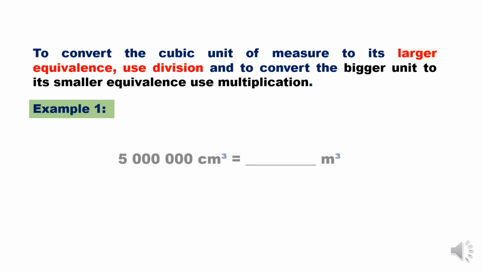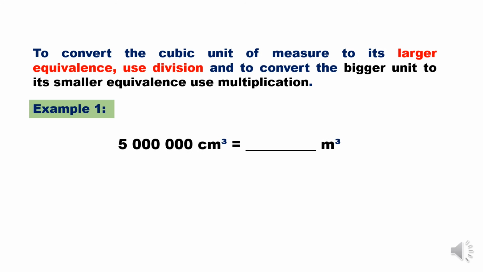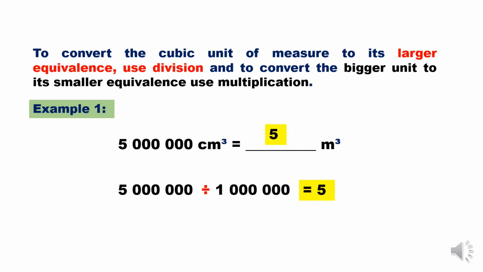Example 1. 5 million cubic centimeter equals blank cubic meter. So divided by 1 million equals 5, or 5 cubic meter.